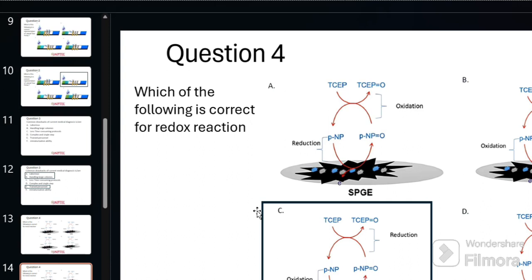When the other three are eliminated, the answer is C. We need the release of an electron to occur at the electrode, so we have the oxidation reaction at the bottom and the reduction reaction at the top.